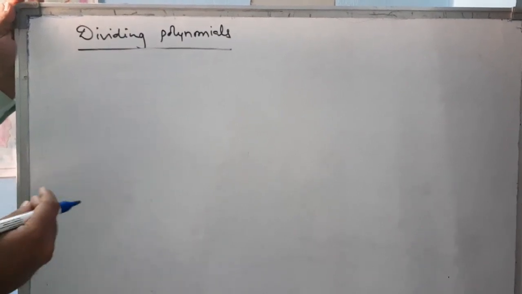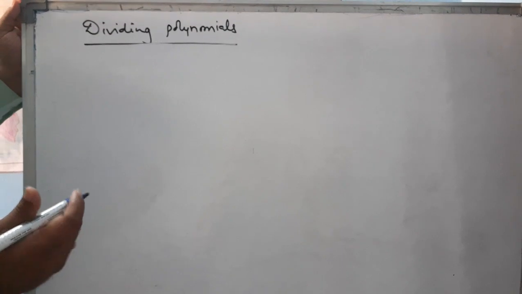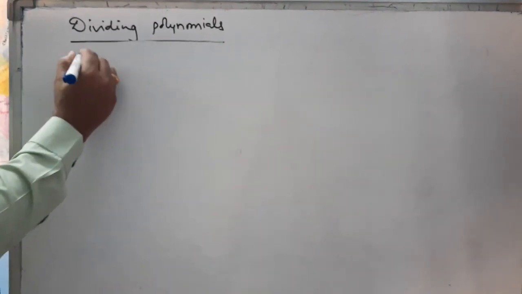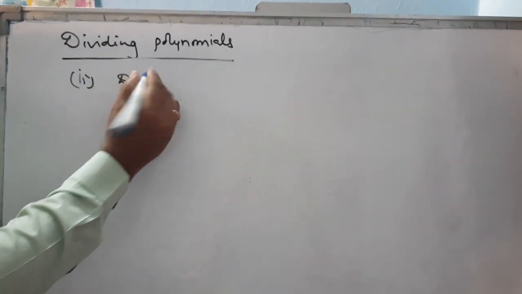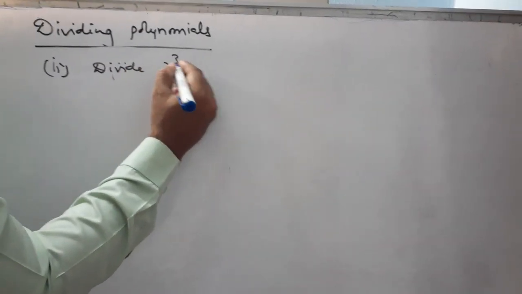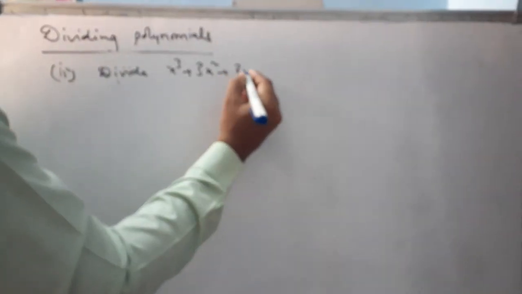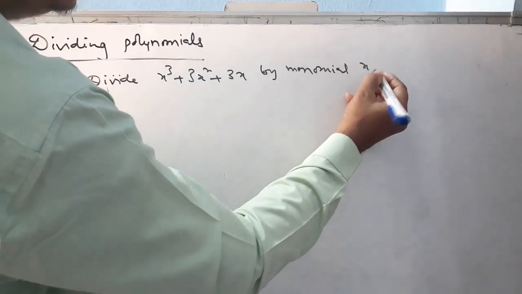Now I am taking dividing a polynomial by a monomial. For example, divide x cube plus 3x square plus 3x by the monomial x.